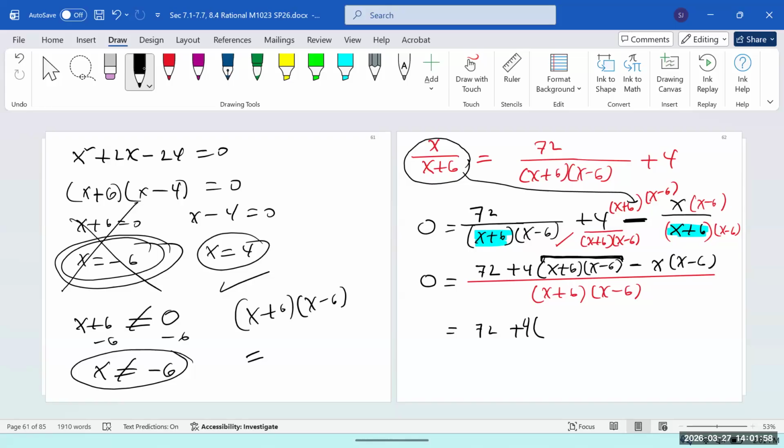Anytime you multiply conjugates, it is the first term squared minus the second term squared, which is 36. And let's distribute this because this is easy. What do you get from the distribution? Negative x times x, and then negative x times negative 6, positive 6x, over the denominator (x plus 6)(x minus 6).